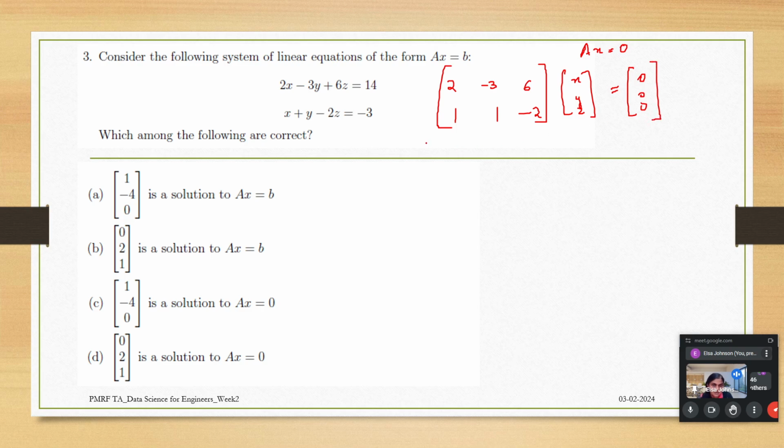So for solving that, I'll be writing 2x minus 3y plus 6z equal to 0 and x plus y minus 2z equal to minus 3. Someone has already given the answer.